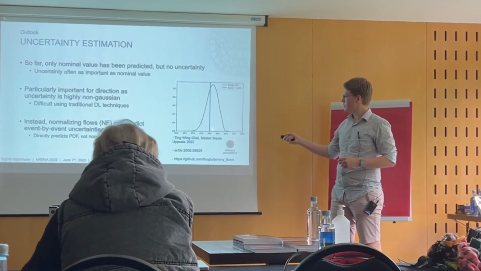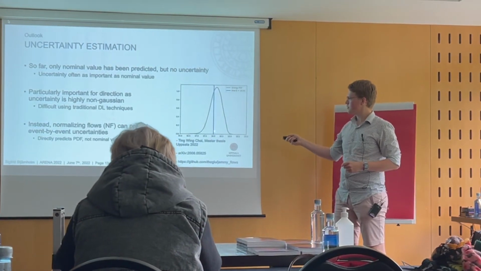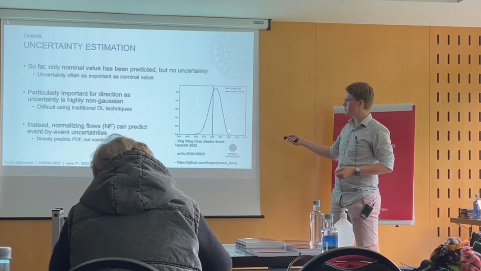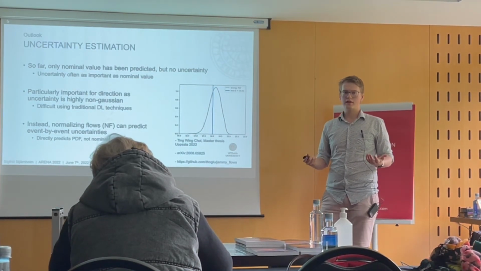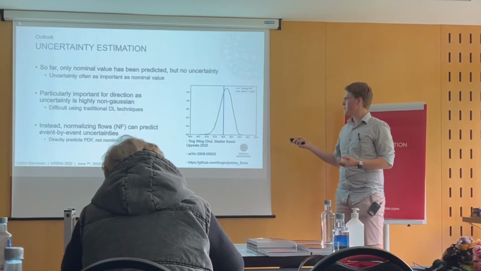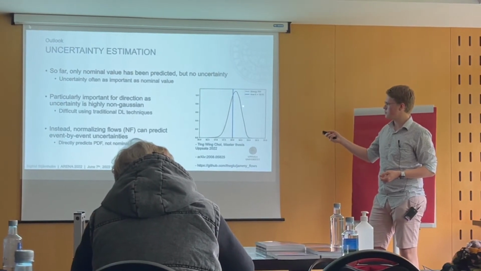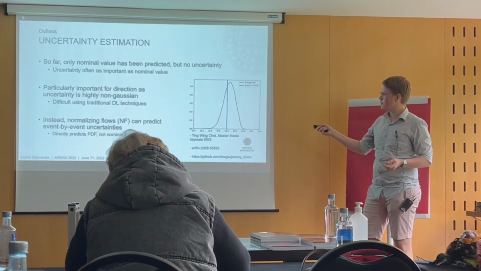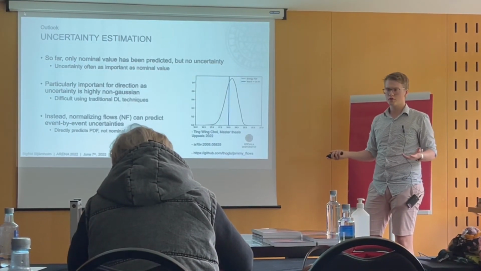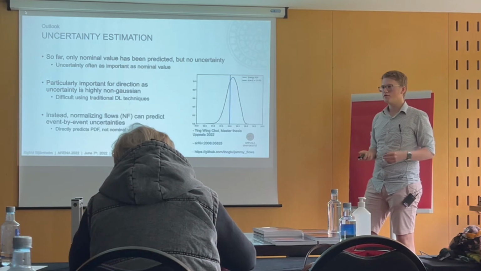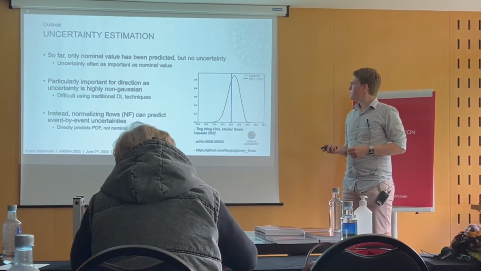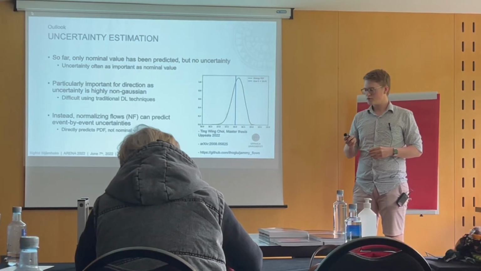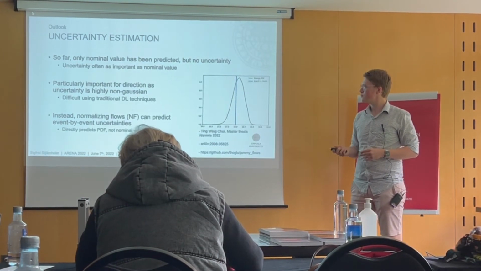The blue line is the true energy of this event, and the black distribution is a probability distribution that the network has produced. So the network thinks that, okay, I have this distribution from this event, and then we can read some sort of error, like the width of this distribution, for example. That could be one way of getting the error. So basically, you also get the error in these nominal values, and not just the nominal values.